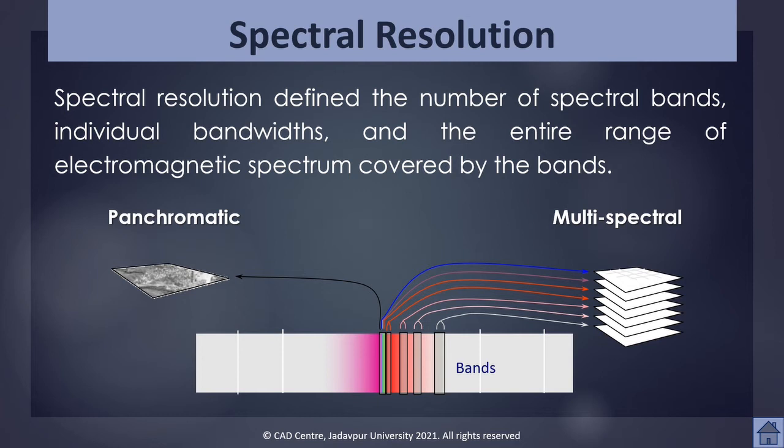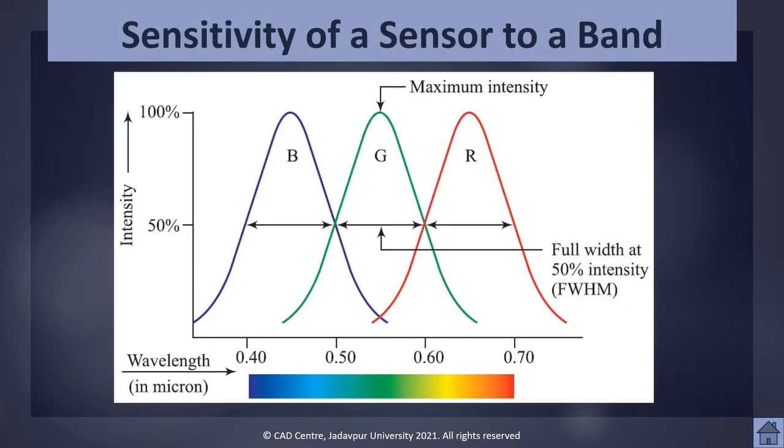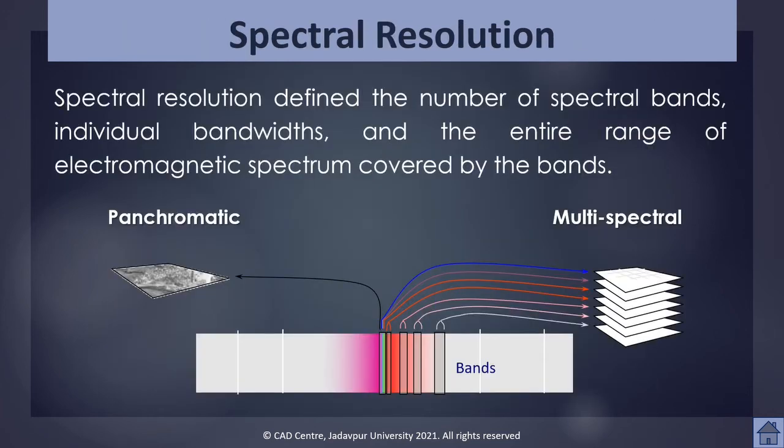Therefore, in this regard, hyperspectral sensors are superior to multispectral sensors. However, higher spectral resolution reduces the signal to noise ratio of the data collected. Low signal to noise ratio means greater noise relative to the desired signal.